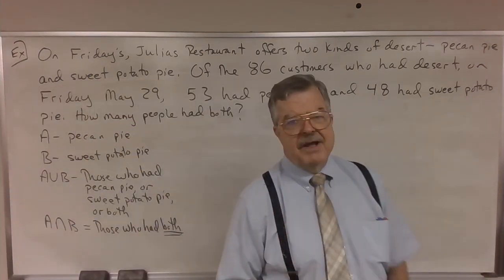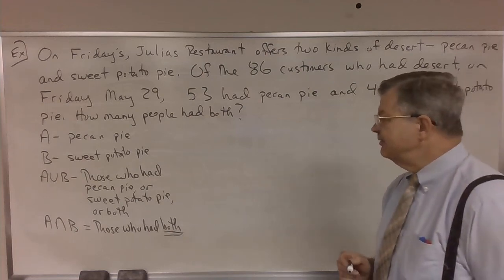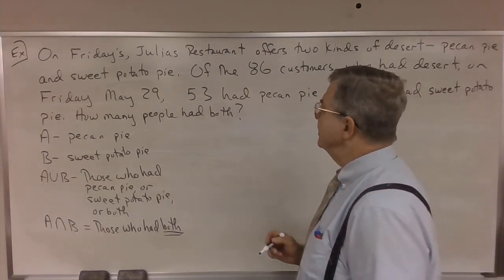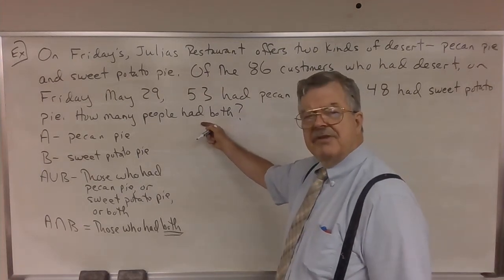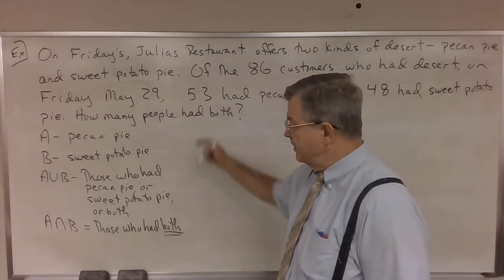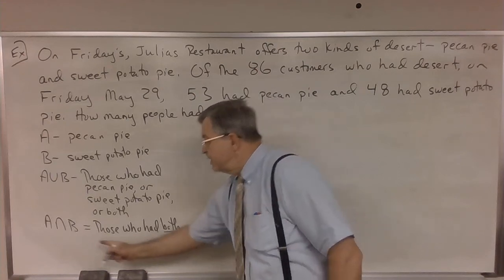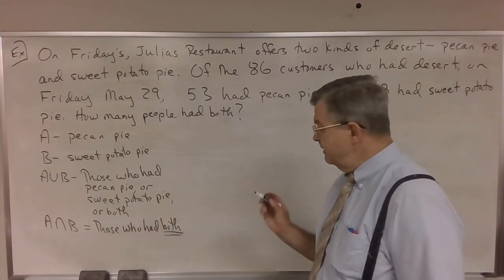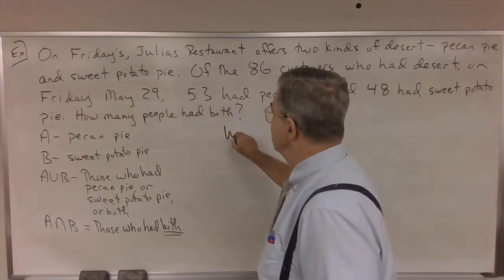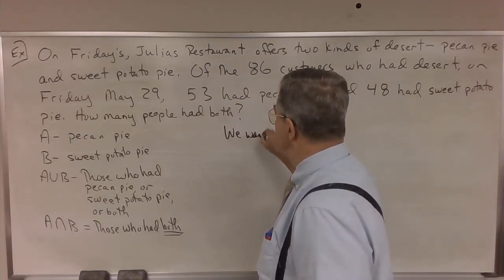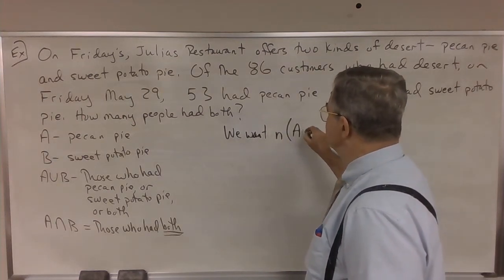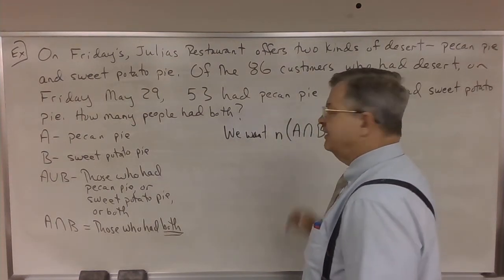We've identified all of the main characters. And here's what we want. The question asks, how many people had both? Well, that's the number of people in set A intersect B, right? So let's identify what we want. We want the number of people in A intersect B.